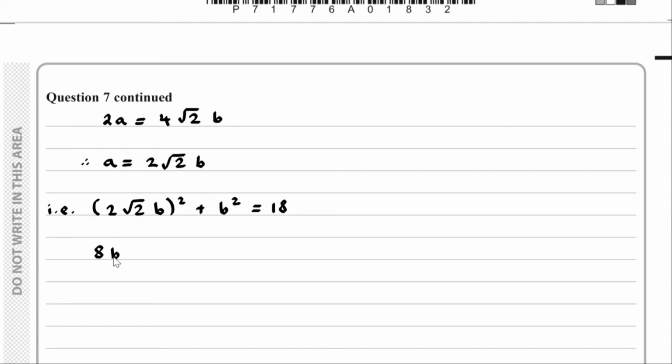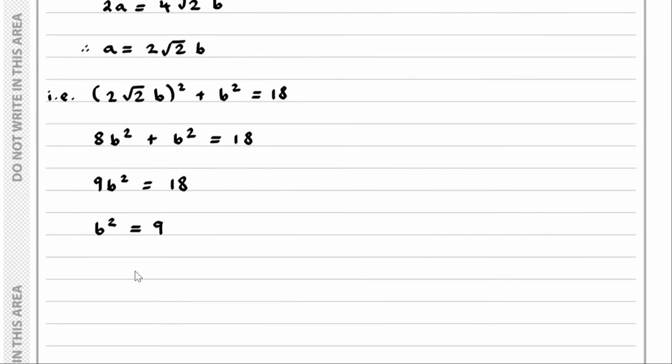So I've got 8b squared plus another b squared equals 18. 9b squared is 18. b squared is equal to 2. And so b is equal to plus minus root 2.